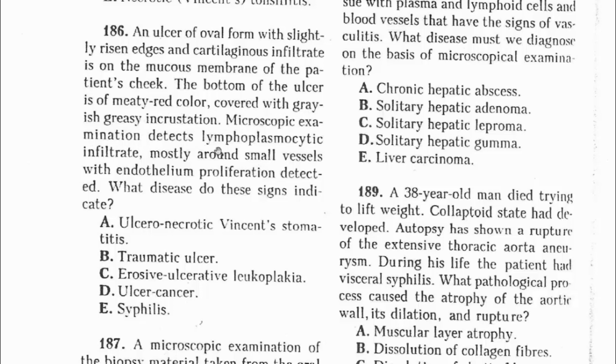Microscopic examination detects lymphoplasmocytic infiltrate, mostly around small vessels with endothelium proliferation. Of course, syphilis again. Why? The bottom of the ulcer is of milky red color, covered with grayish, greasy incrustation. The answer is E.